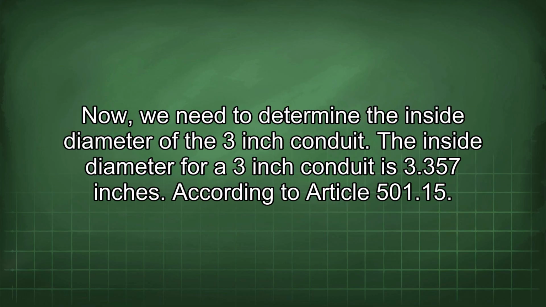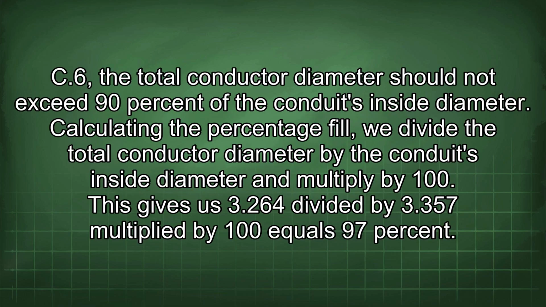Now, we need to determine the inside diameter of the 3-inch conduit. The inside diameter for a 3-inch conduit is 3.357 inches, according to Article 501.15 C6. The total conductor diameter should not exceed 90% of the conduit's inside diameter.